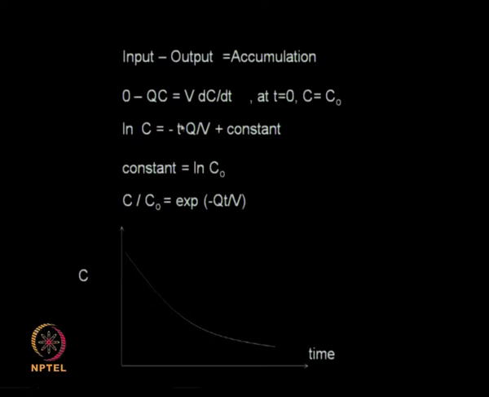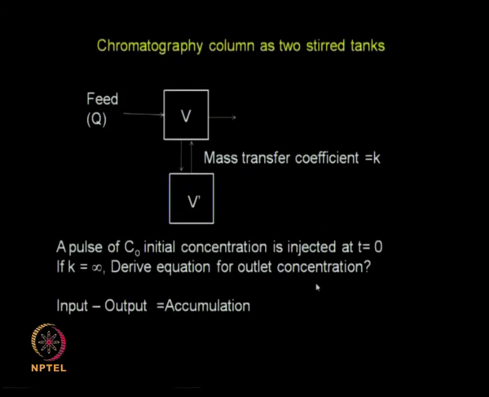It is a first order process, so a solution for a first order process will always look like this. It has exponent of minus Q, the flow rate, times t, the time, divided by V, the volume of the tank, so it is going to fall down exponentially. It is quite straightforward. Now let us look at a slight modification to this problem. So again we have the same two stirred tanks, V, and this tank is V dash.